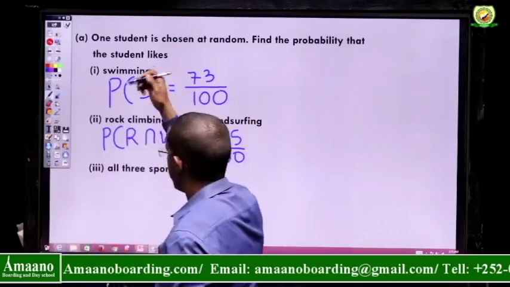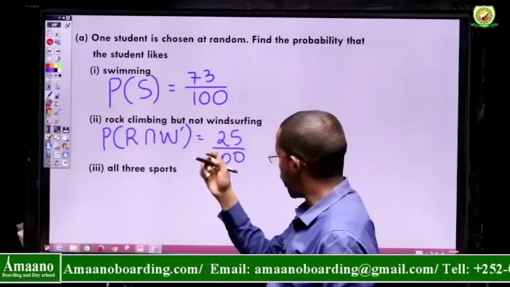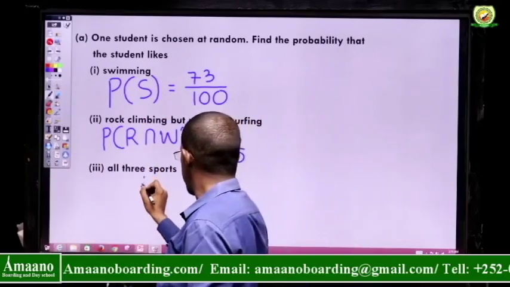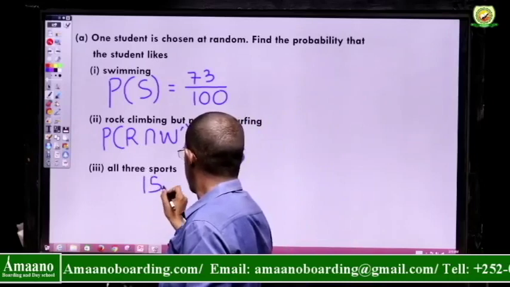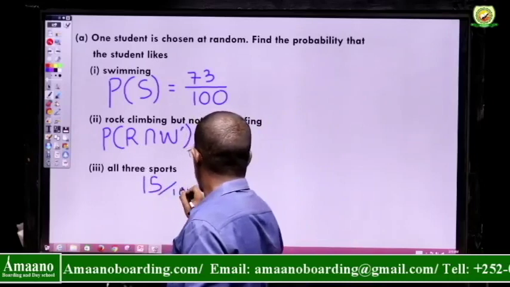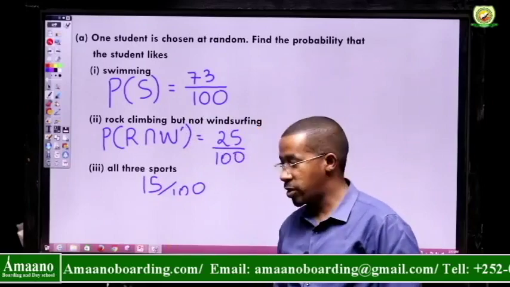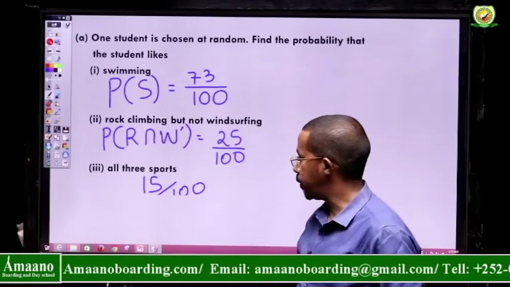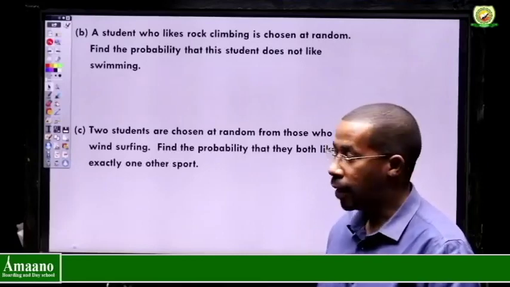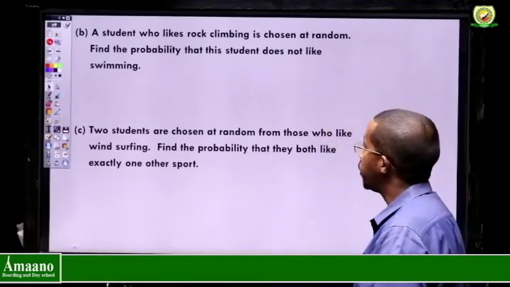If you go back to our Venn diagram, the students who like all the 3 sports were 15. Then you divide it by 100. And that part of our question is sorted. Proceed to part B of the question.